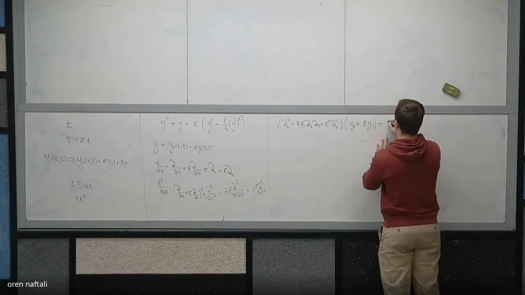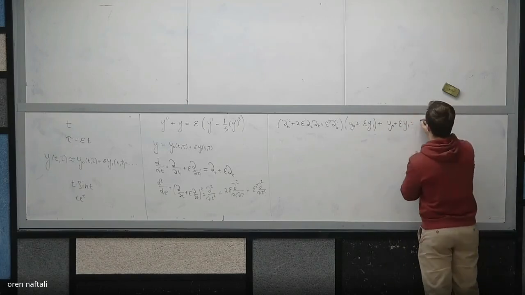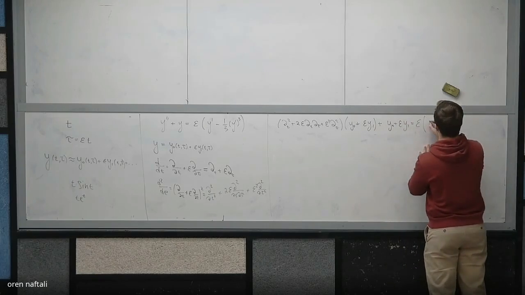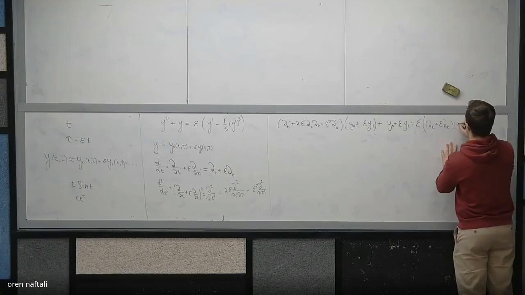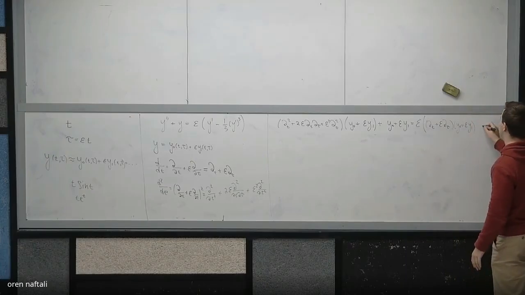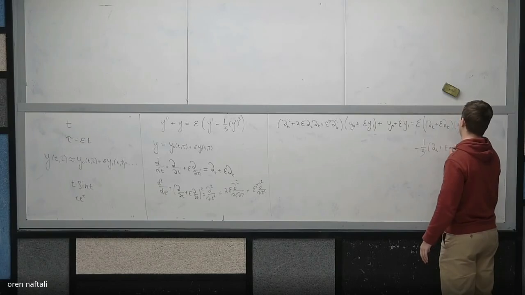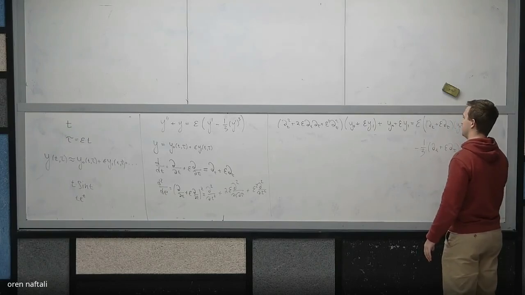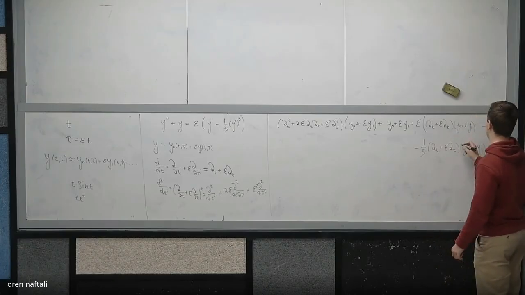Then plus y naught plus epsilon y1. And the right hand side is epsilon times d_t plus epsilon d_tau, acting on y naught plus epsilon y1, minus 1/3 times d_t plus epsilon d_tau acting on y naught plus epsilon y1, and all of this cubed.